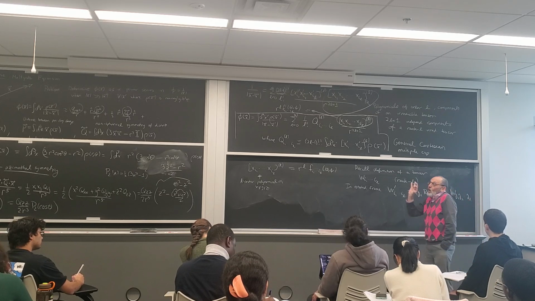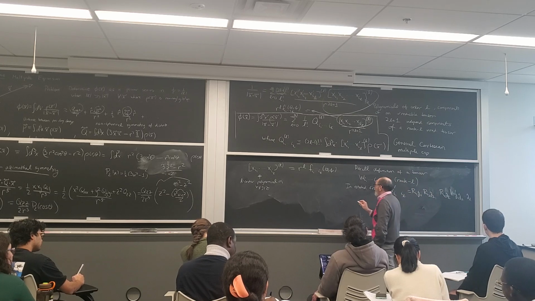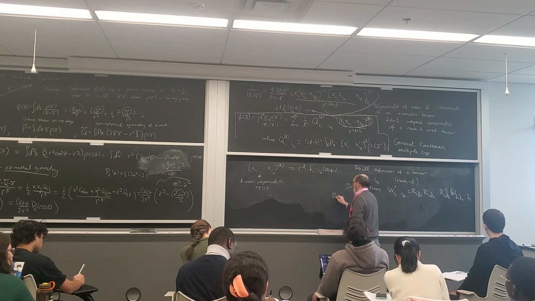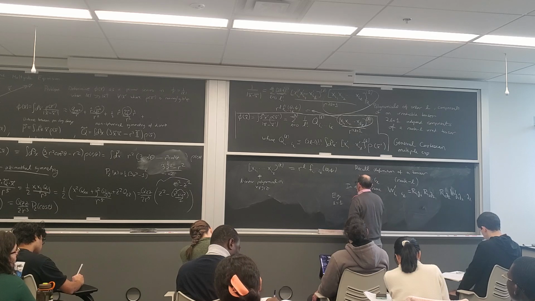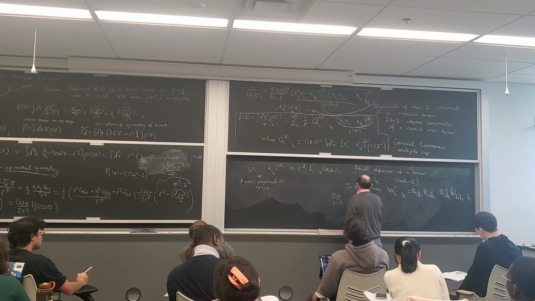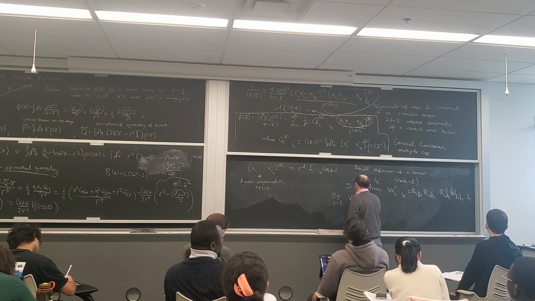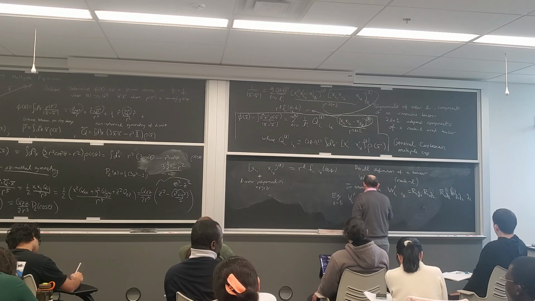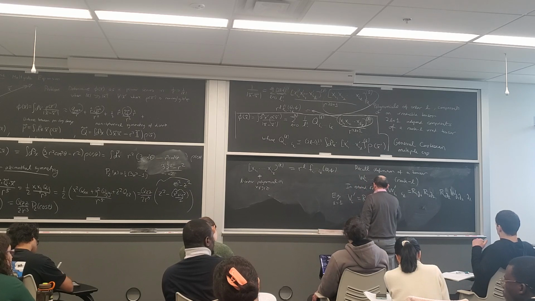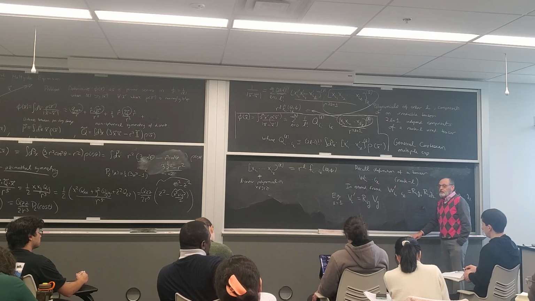A rank 1 tensor was a vector, right? So if we have a vector, then the components of the vector in the new frame are related to the old ones by the rotation matrix.